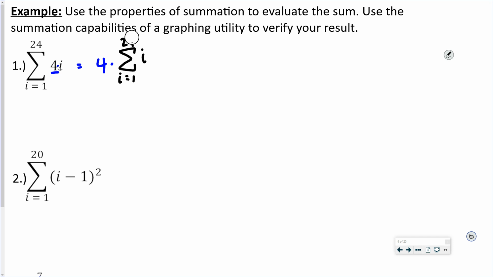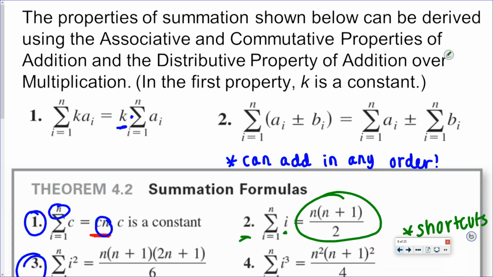This would be a little bit less work. I could probably write it out from here: 1 plus 2 plus 3 plus 4 plus 5, all the way up to 24. But again, we don't have to. We have that shortcut formula for i, like that second one there.